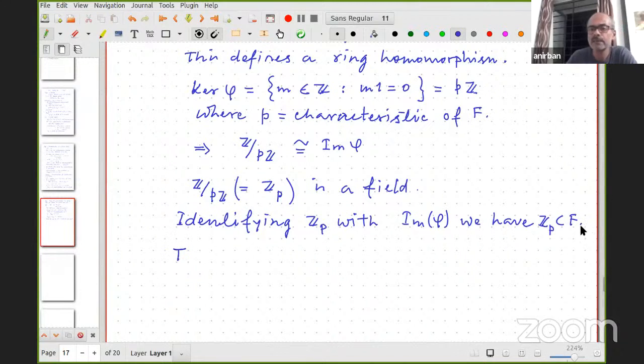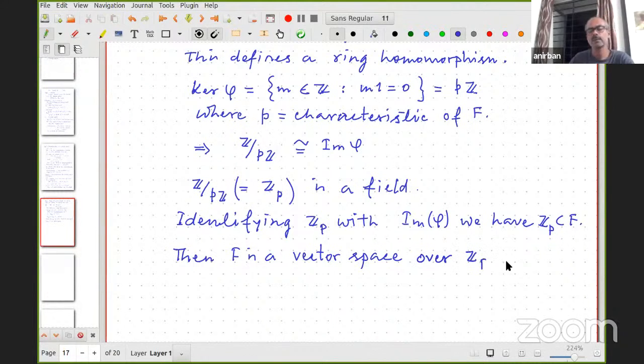So the bigger field becomes a vector space over the subfield. If you have one field containing another, then the bigger field is a vector space over the smaller field. And F is a finite field, a finite set itself, so this is a finite dimensional vector space.